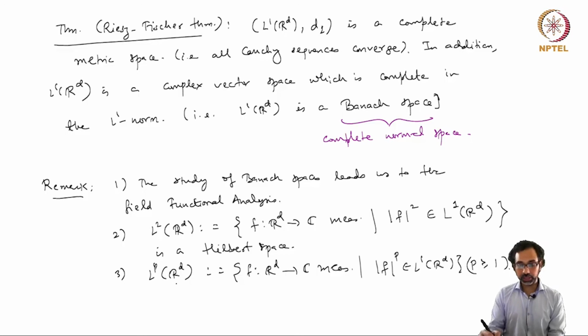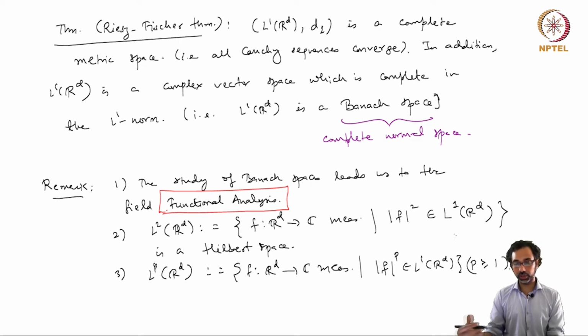All of these L^p spaces are Banach spaces, but in particular L2 is the only one which is a Hilbert space. All these things are topics taken up in the field of functional analysis. We don't have time to go into all these details, but the Riesz-Fischer theorem is a very fundamental first result in this area, which says that L1 R^d is a Banach space.